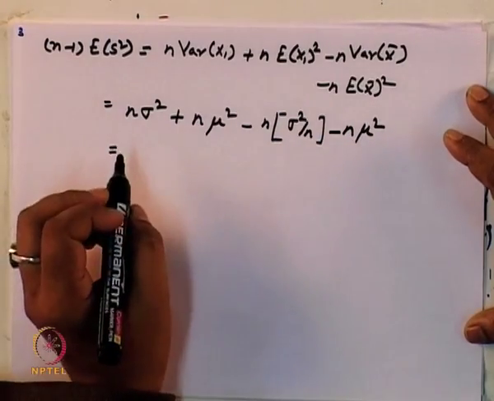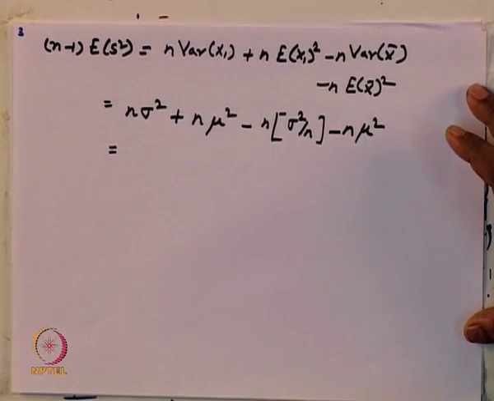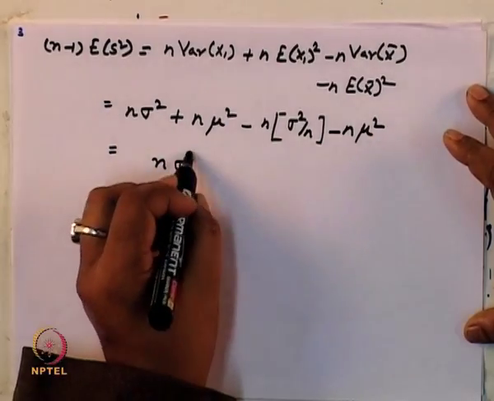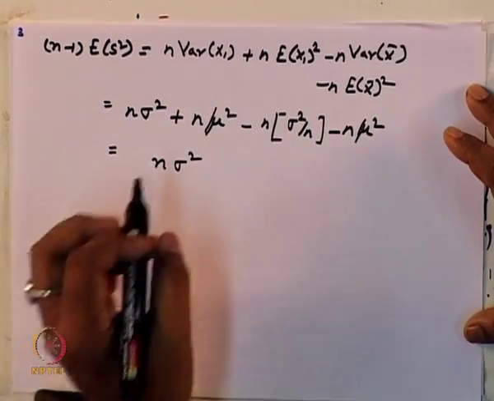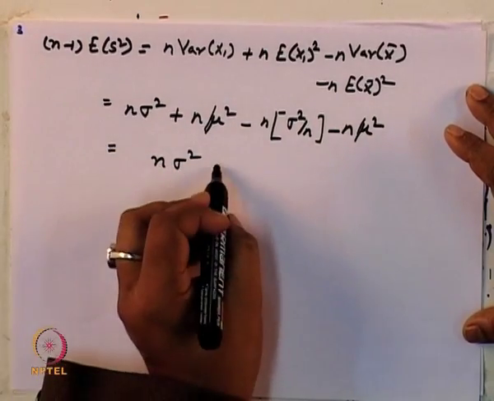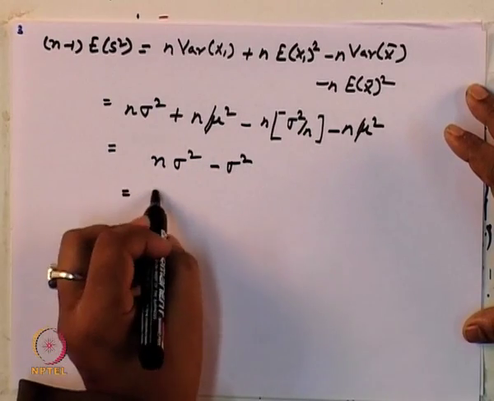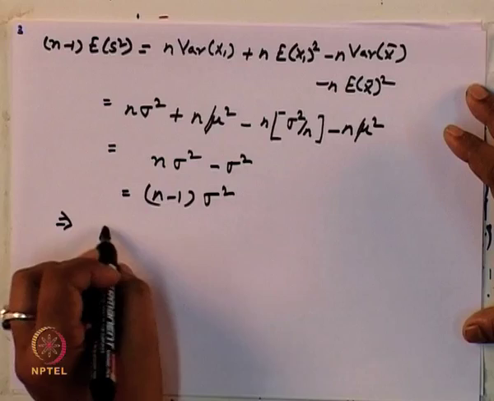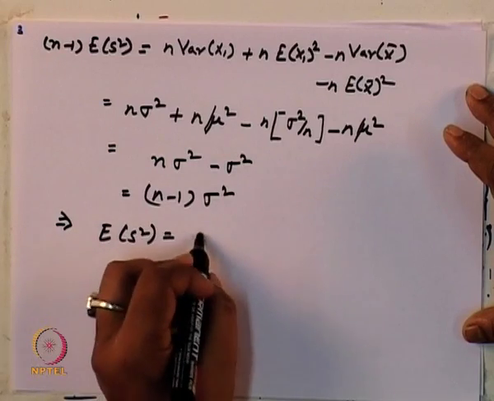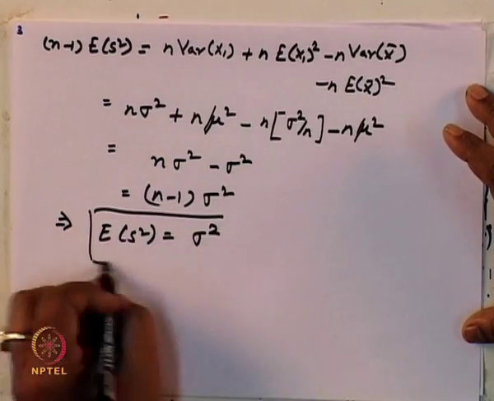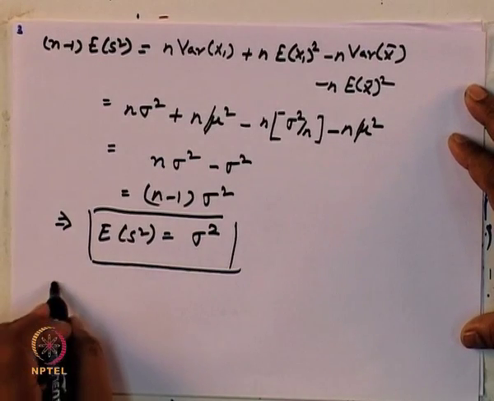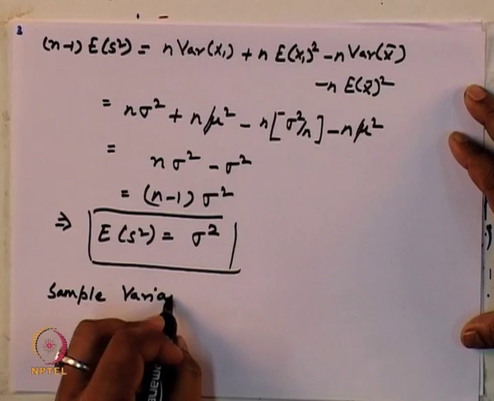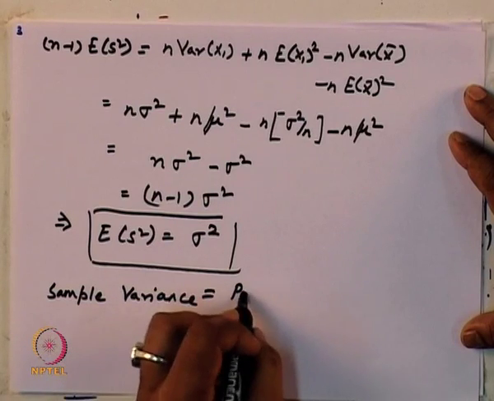This gives n sigma square minus sigma square, as the mu square terms cancel each other out, which equals n minus 1 into sigma square. This implies that the expectation of S square is simply equal to sigma square. Thus the expected sample variance is equal to the population variance.